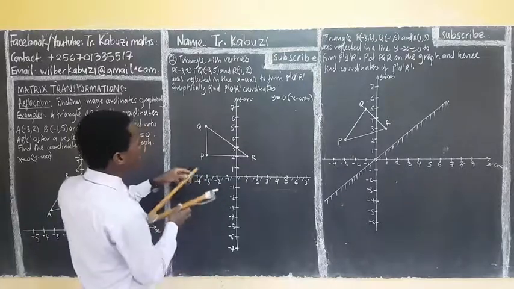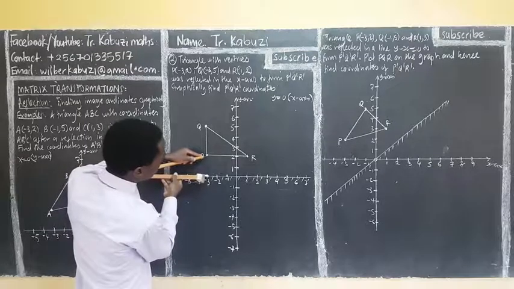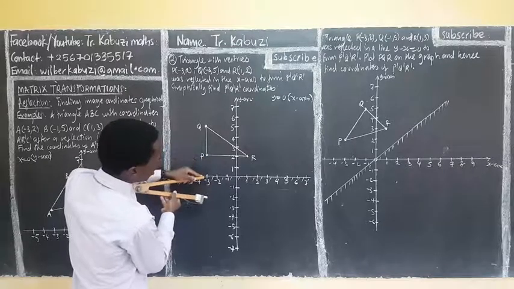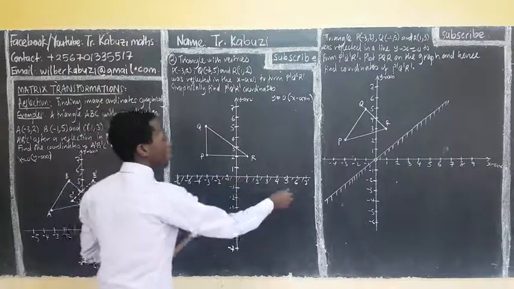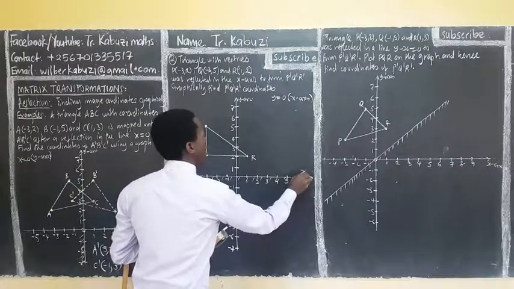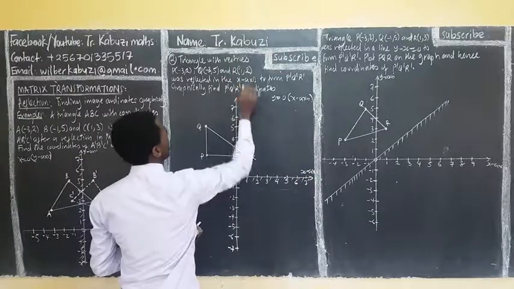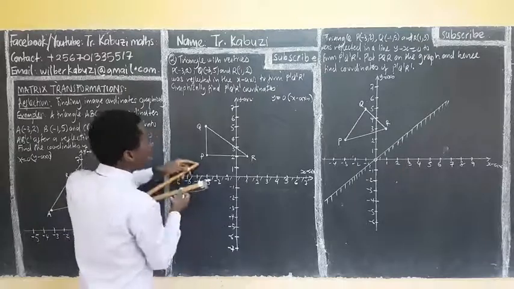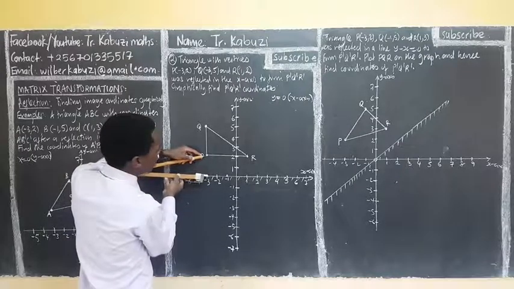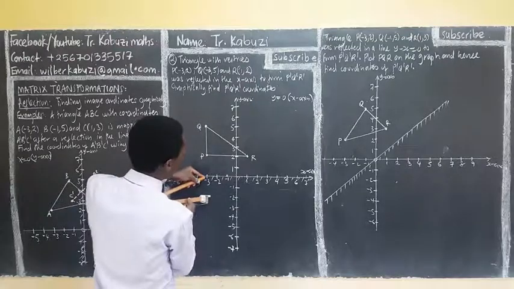Let me start with P. You measure this distance here, and you measure this distance here. Then you transfer it across. Our line of reflection now is the x-axis. So from here to the line, you transfer this and draw an arc down there.